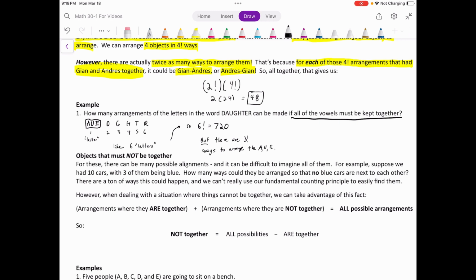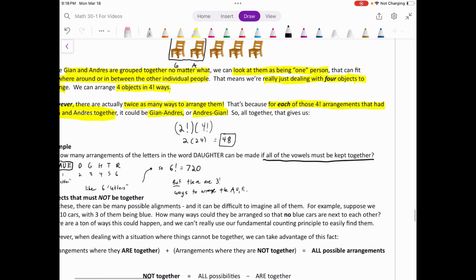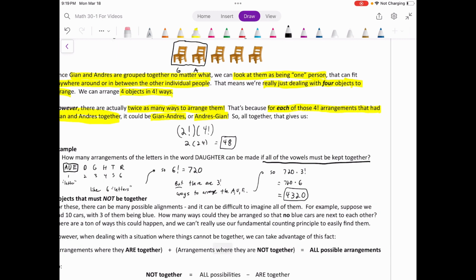So we need to multiply that 720 by 3 factorial, right? So really we have 720 times 3 factorial, which is just 720 times 6, which is 4,320. Okay, and there we go.